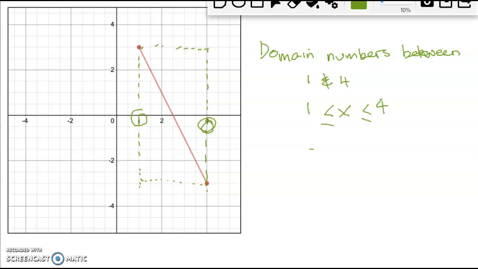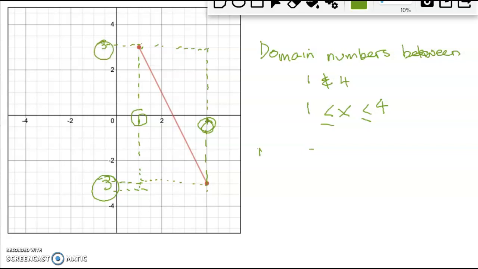Okay, then range. What about range? Range, we're talking about the y value, right? But now this rectangle does not include the y-axis. Is that a problem? Not really. We just need to extend it, like so. And then the value here is what? -3 is my minimum value, and then the y value is +3.